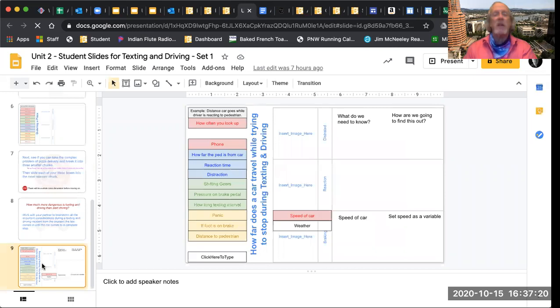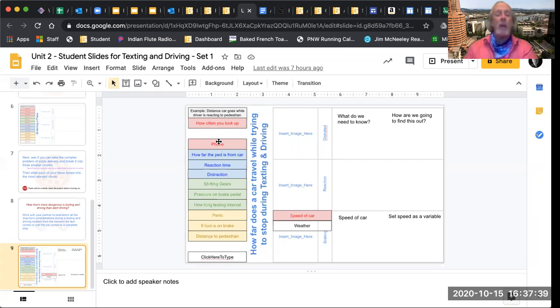Just as an example, we came up with things like how fast the car is going, whether the person panics, which foot is being used on the brake pedal, the reaction time, and the amount of distraction.